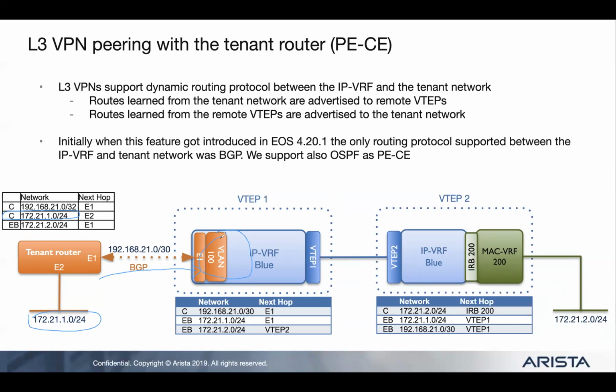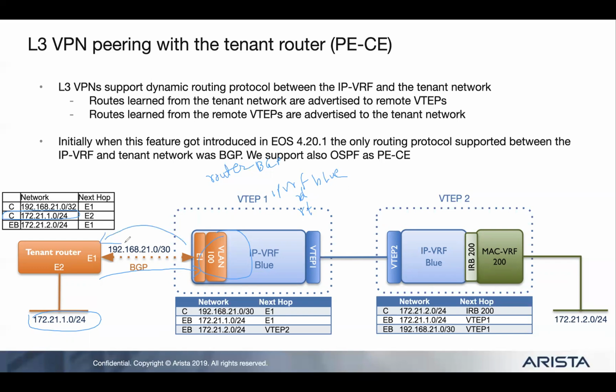So your configuration will be under router BGP, right? You have IP VRF blue configured. You have RD and RT configured. You also have BGP neighborship with this device.